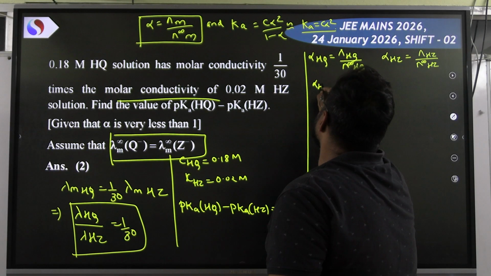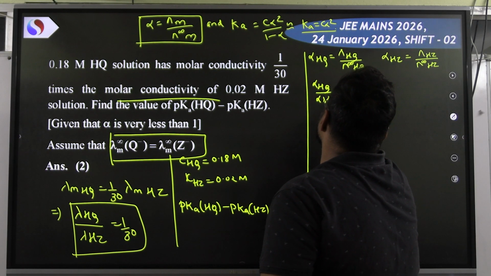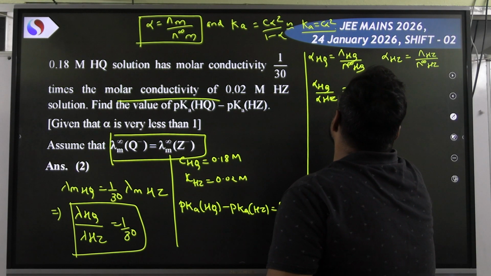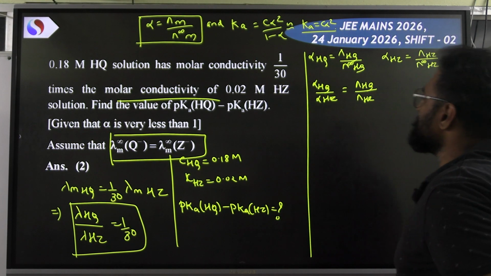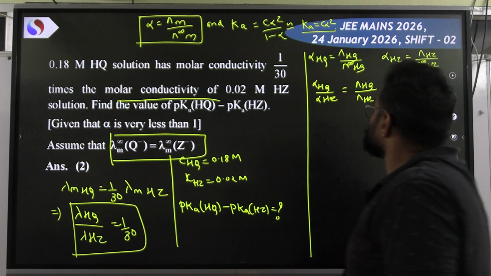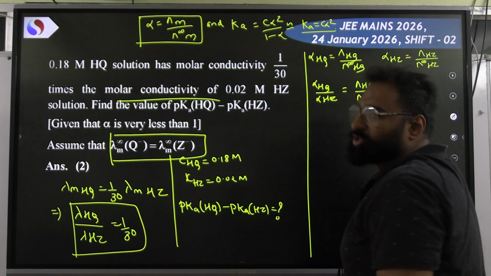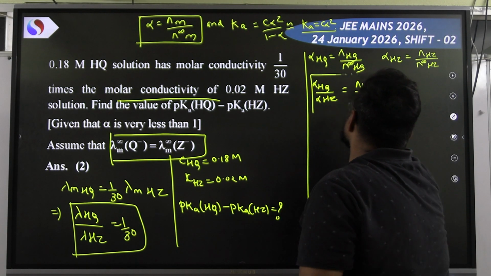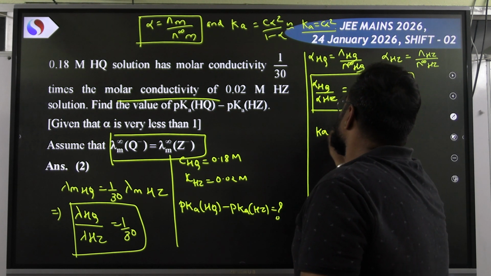So alpha of HQ divided by alpha of HZ is equal to lambda of HQ divided by lambda of HZ. So what is the ratio given? 1:30. Correct?